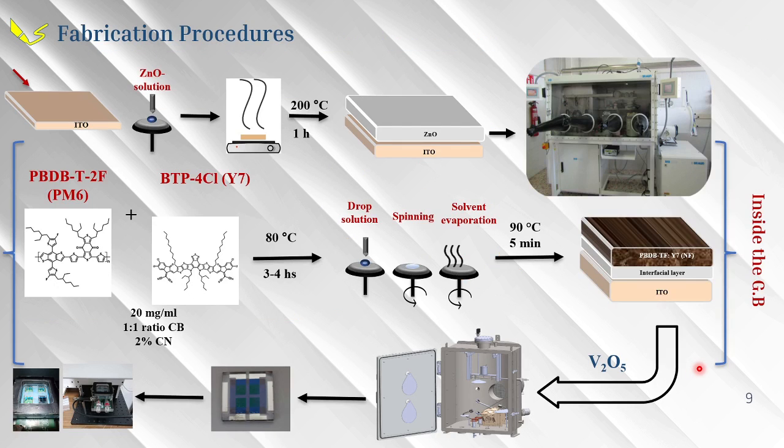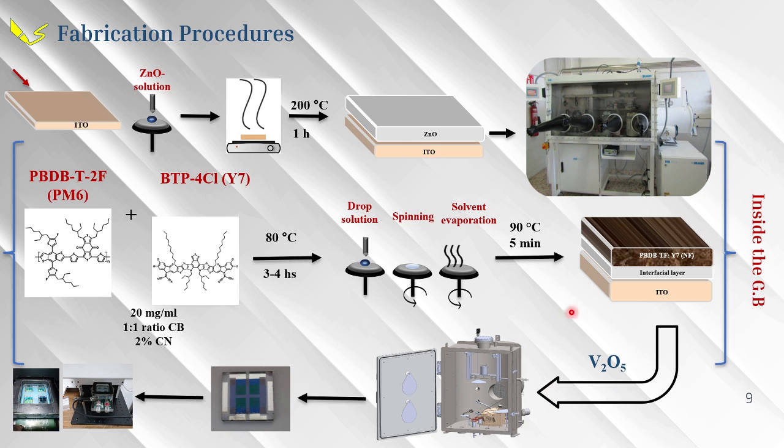In the experimental part, the fabrication procedure simply starts with the zinc oxide film fabrication by spin coating, then annealing. After the deposition of zinc oxide, we continued all the procedures in the glove box. Then the prepared solution was deposited using spin coating and annealed.